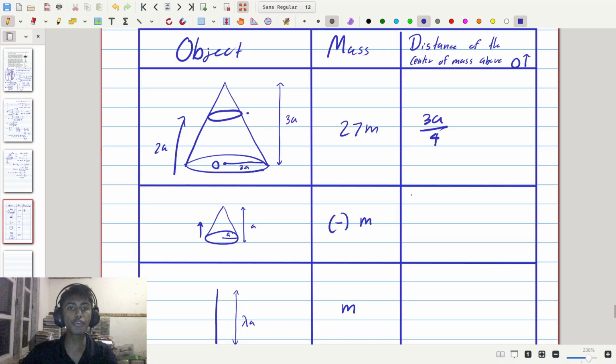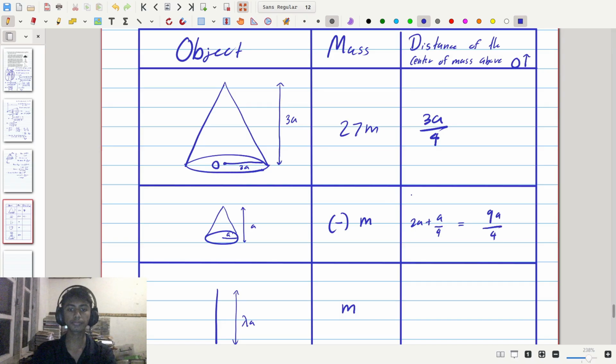But that a over 4 is already above a height of 2a above the base O. So the total height above O of this cone's center of mass is the distance 2a plus the bonus distance from its base up to the center of mass, which is a over 4. So 2a plus a over 4, which I'm going to simplify with a common denominator of 9a over 4.